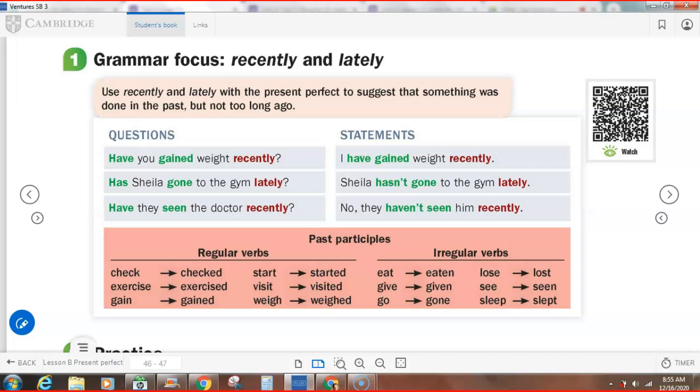Good. Notice that have in the question goes at the beginning, then you have the subject, and then you have the verb form 3, or the past participle, that goes right here. And then you put recently on the end. Over here, you put the verbs together: I have gained recently.